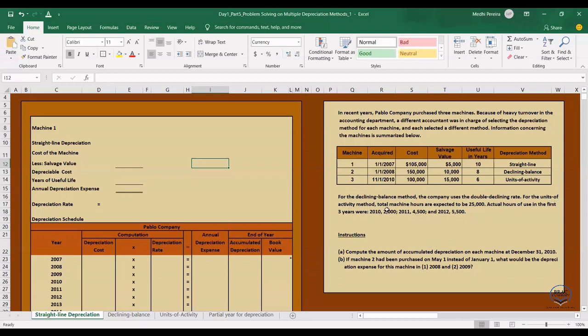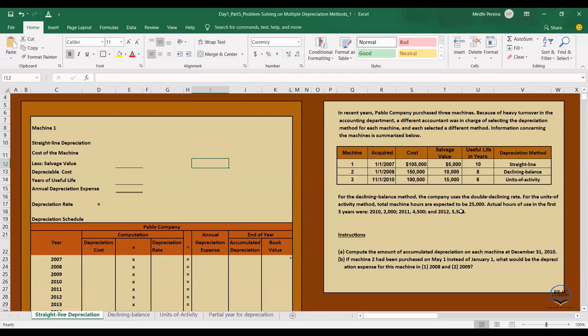For the units of activity method, it is now talking about machine 3. Total machine hours are expected to be 25,000. In case of the units of activity method, we want the useful life to be expressed in units. Here it is given in hours.